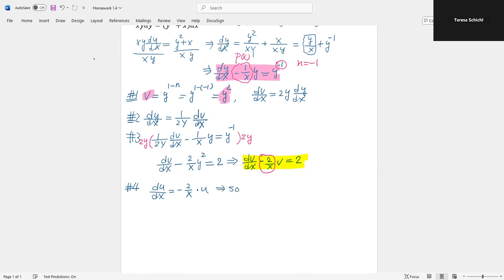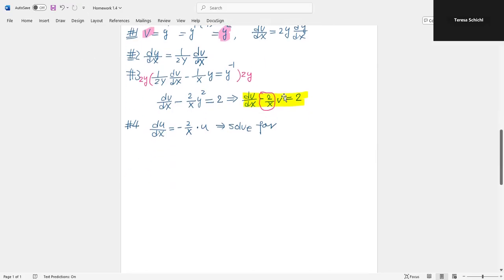We want to solve for u, right? In order to solve for u, I can just use a separation method. So it's du over u is equal to negative 2 dx over x.